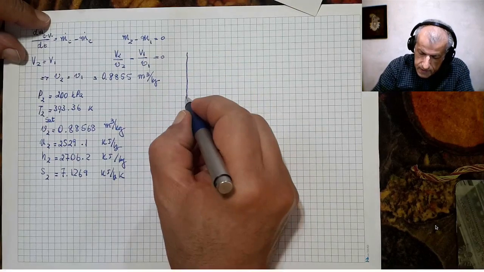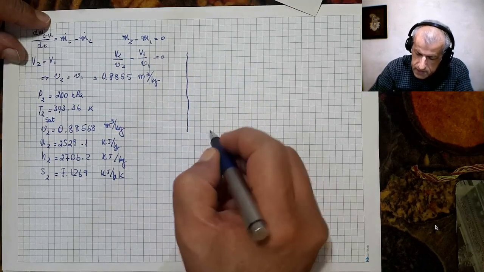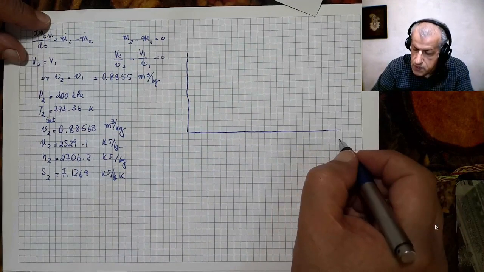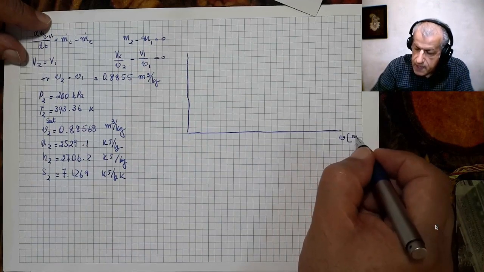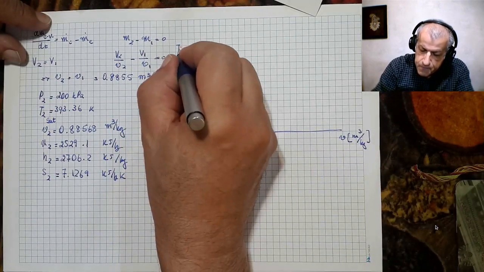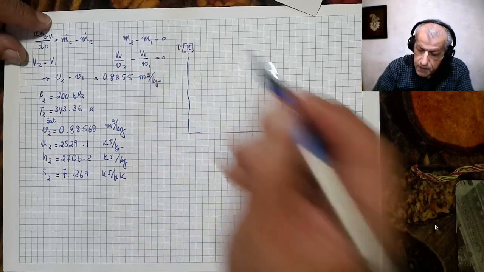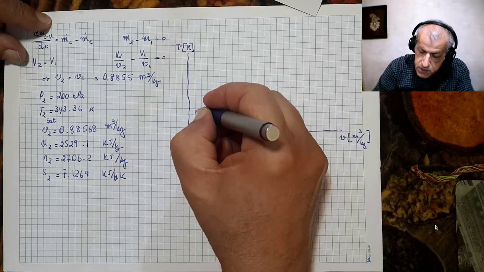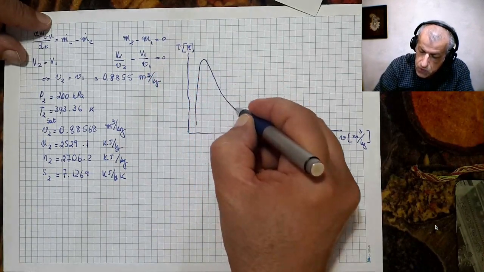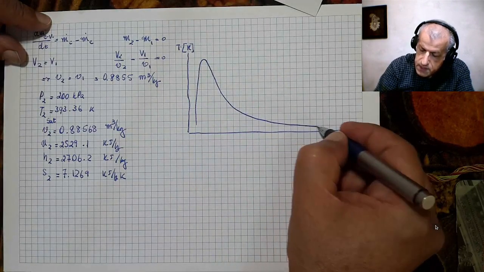It often is good practice to draw a better diagram once we know the process and we know the properties, and then we are in a good position to draw it. So how I would draw it is this.